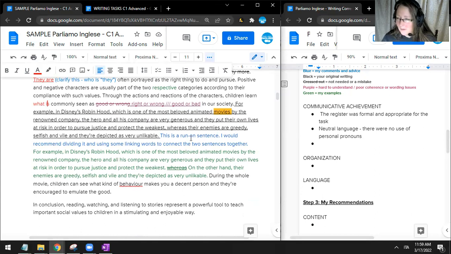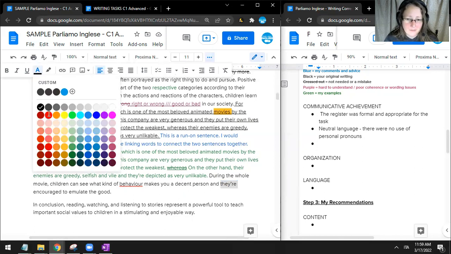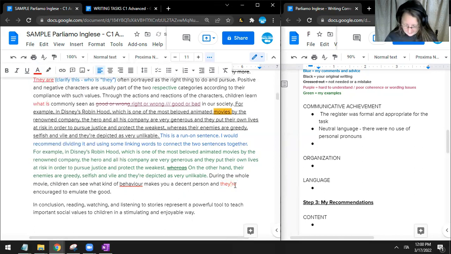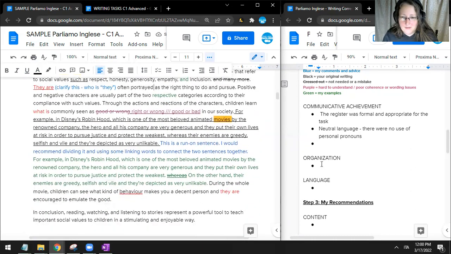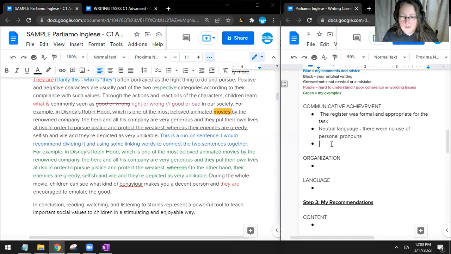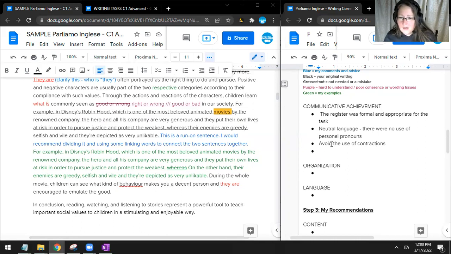For example, maybe we were writing a letter to a friend, or an article or a review. But they're typically not supposed to be used in formal writing. So avoid the use of contractions. So that is one thing.